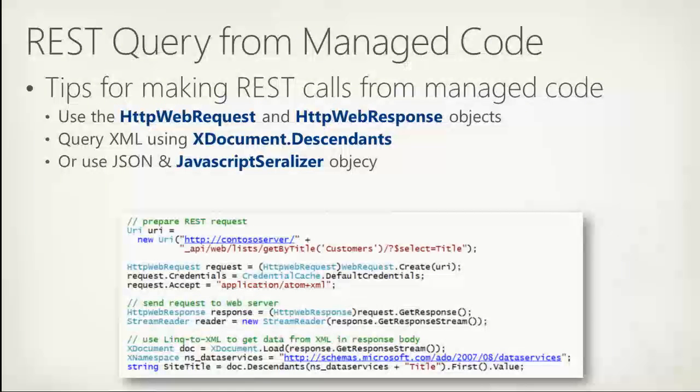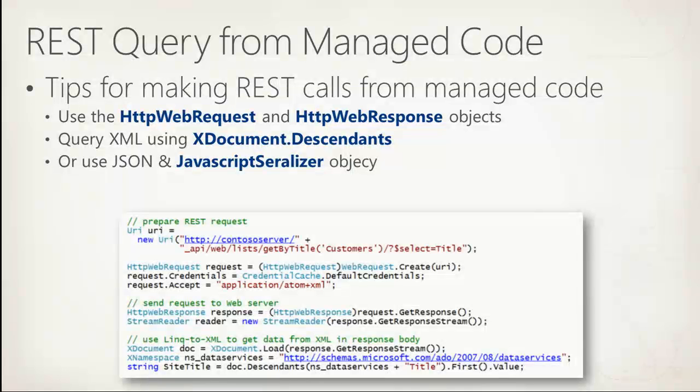Then I call GetResponse and I get the response stream back. The other little tidbit here is quite often you're dealing with these big XML documents, and if you're still doing old school XML programming with XmlReader and some of the older XML APIs, you really have to look at System.Xml.Linq with XDocument, which just makes things so much easier.